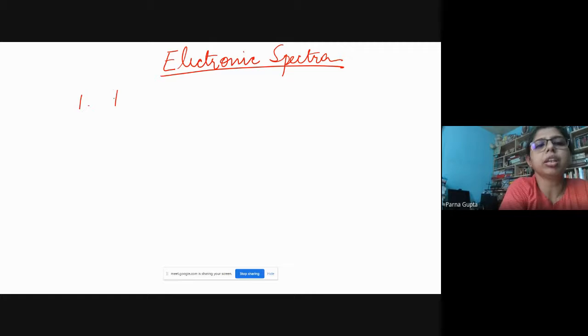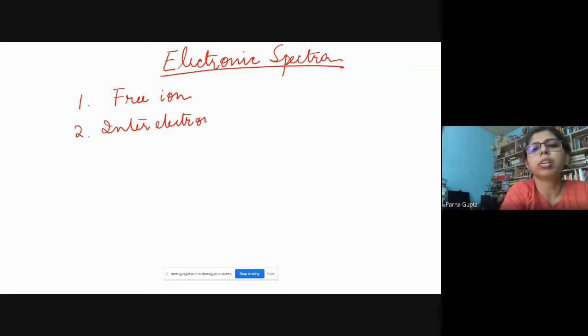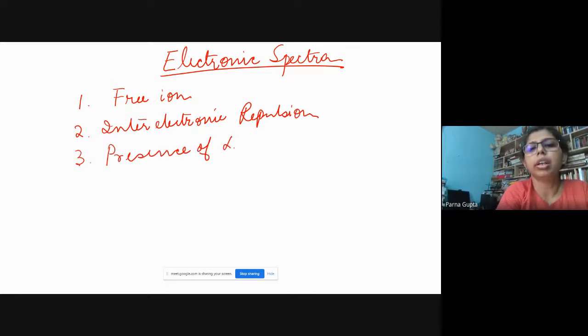The first thing is the free ion. The second thing is the inter-electronic repulsion. The third thing is the presence of ligand in a specific field.